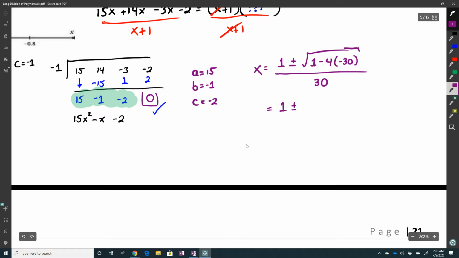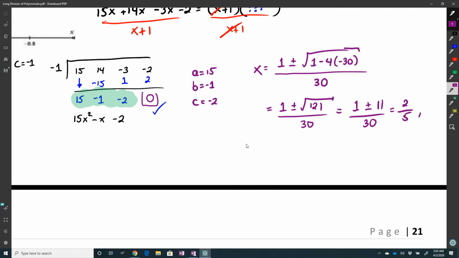So 1 plus or minus the square root of 121, which we know is 11. So that's going to be equal to 12 over 30, which is 2/5, or negative 10 over 30, which is negative 1/3.